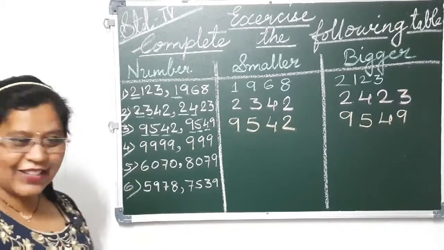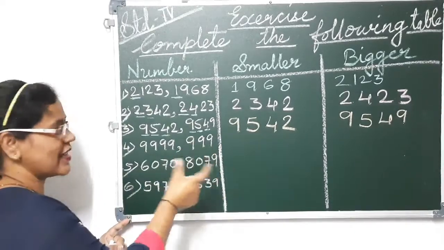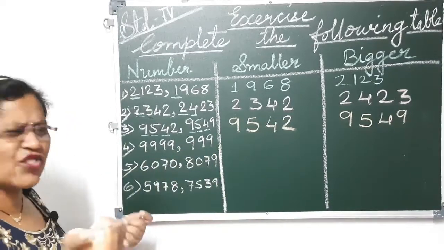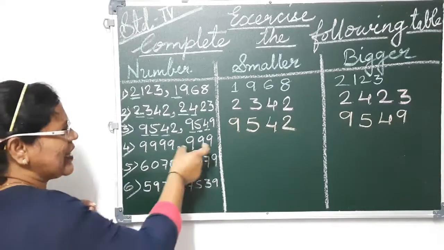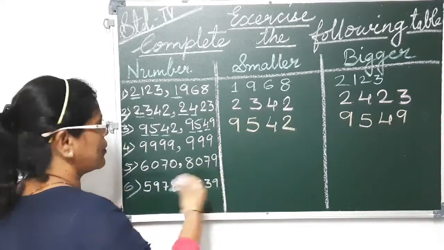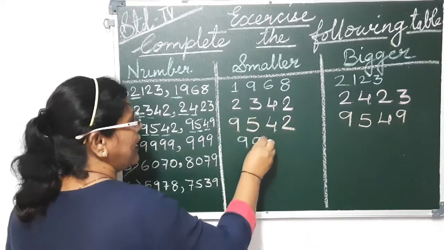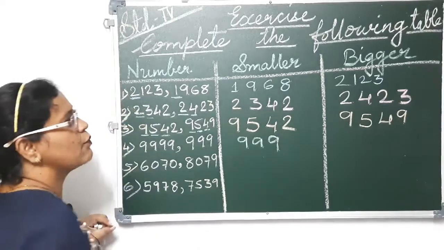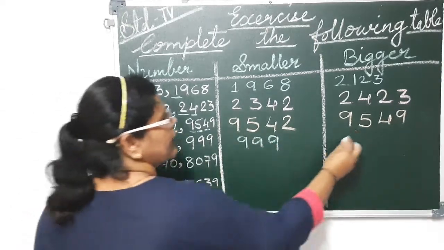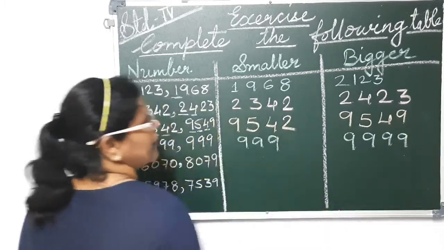Fourth sum. Now here there is a difference because here 4 digits and here only 3 digits. So it's very common that a 3-digit number is always a smaller number than a 4-digit number. So straight away you can write that 999 is smaller than 9999.